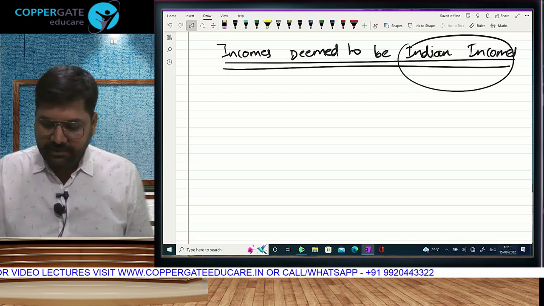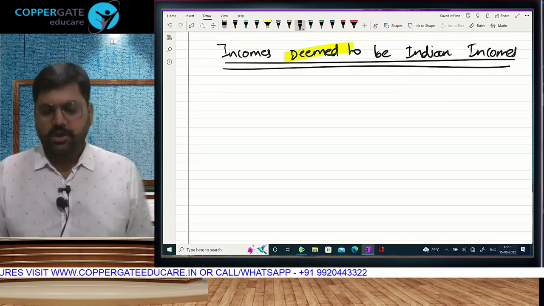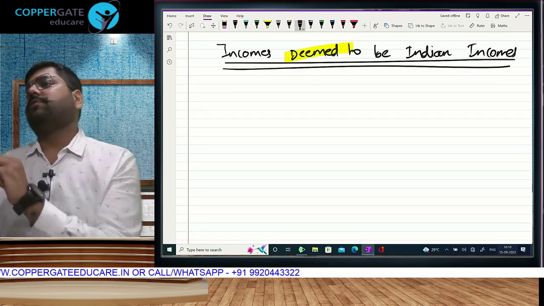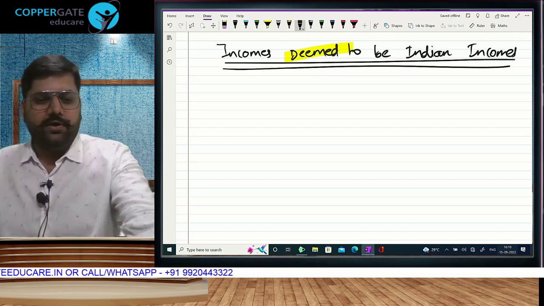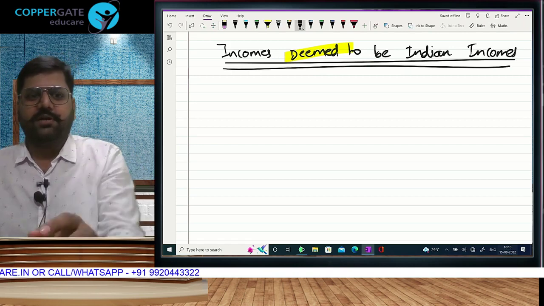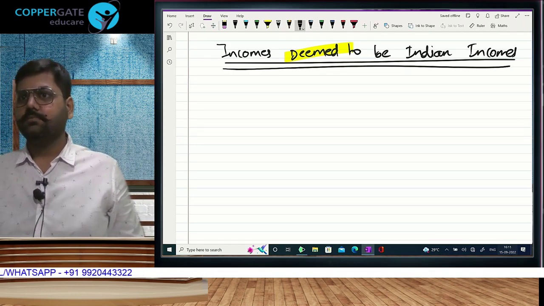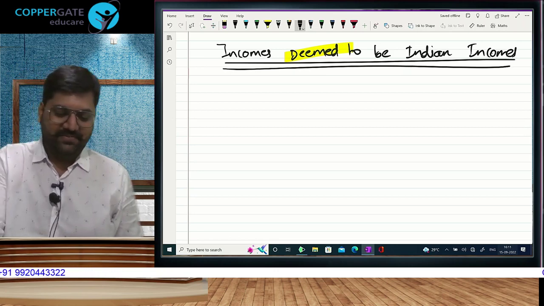The word deem, have you ever come across this word normally in your day-to-day life? Not in legal language, not when you were studying law for foundation or law in intermediate. In your day-to-day life, have you ever come across the word deemed? Where? Deemed university. Okay, very good.